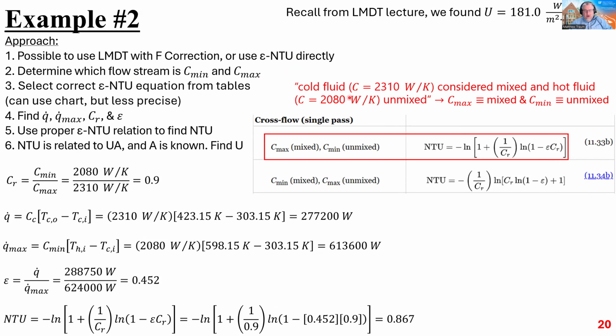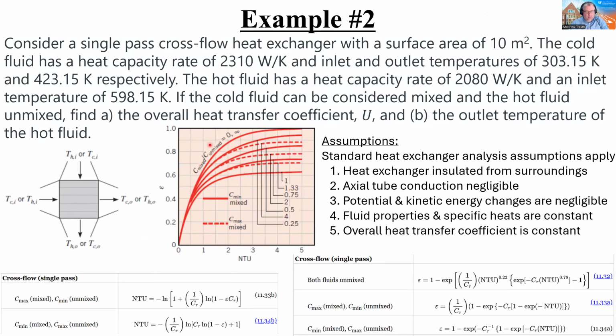So this number is less than this number, and that means that the hot fluid is the one that is Cmin. Also, since we are trying to find effectiveness and CR and then plugging in to solve for NTU, we're going to remember I just pulled all of this out of the book.